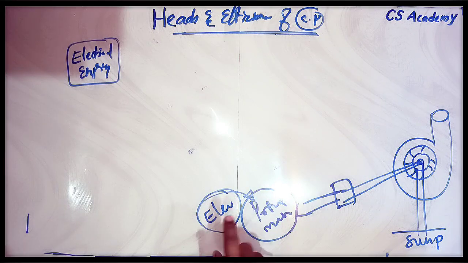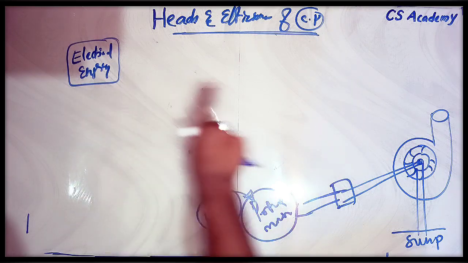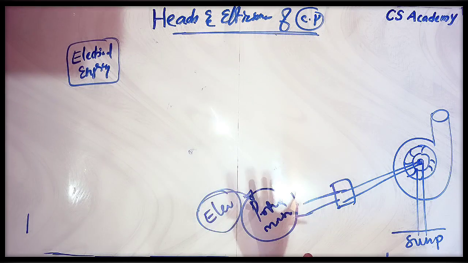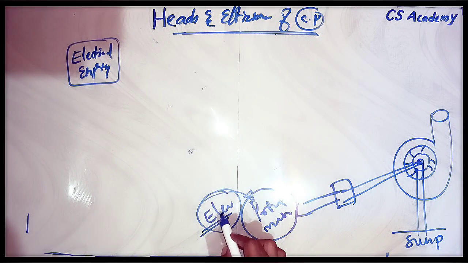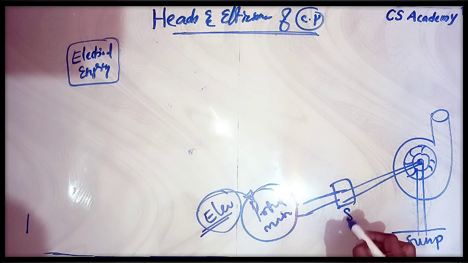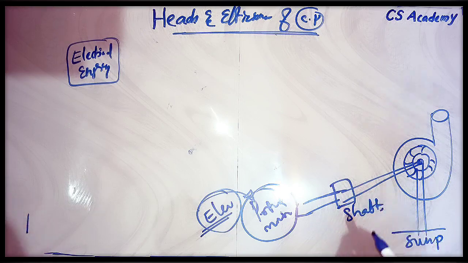Listen carefully, this is very important. If you know this sequence, you can easily get the efficiency formulas, with no need for memorizing. Here we are supplying electrical energy. This electrical energy is given to the prime mover. The prime mover is rotating the shaft, and there is a shaft power.